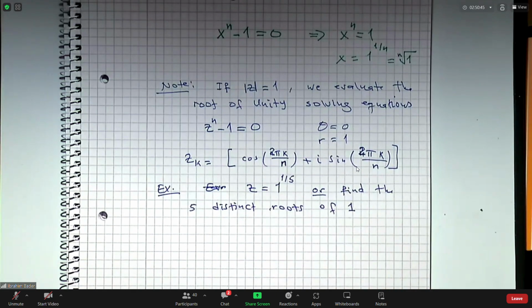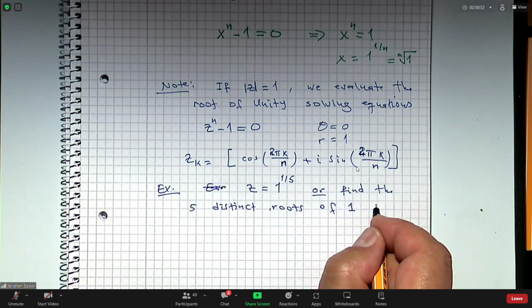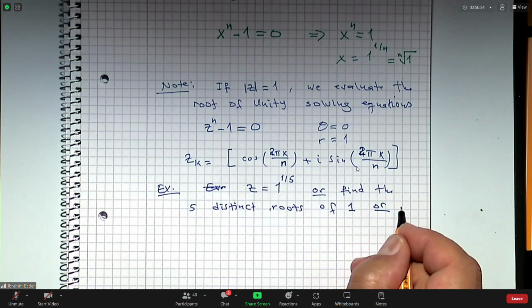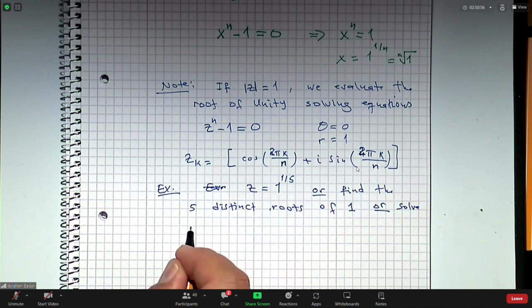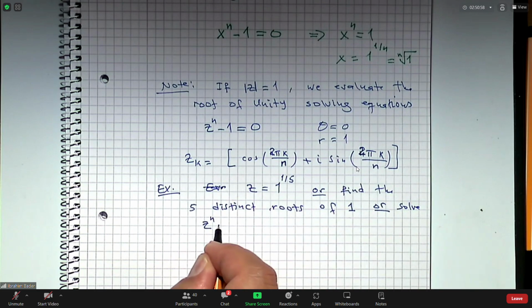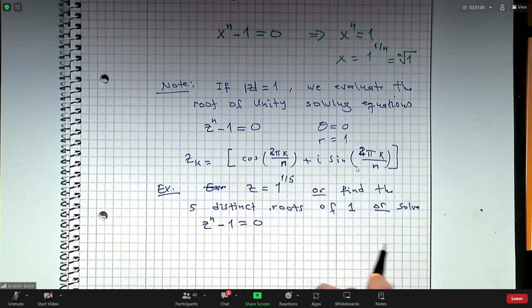So this is just the same. Or you can also say solve z to the power n minus 1 equals 0. So these three formulations are equivalent.